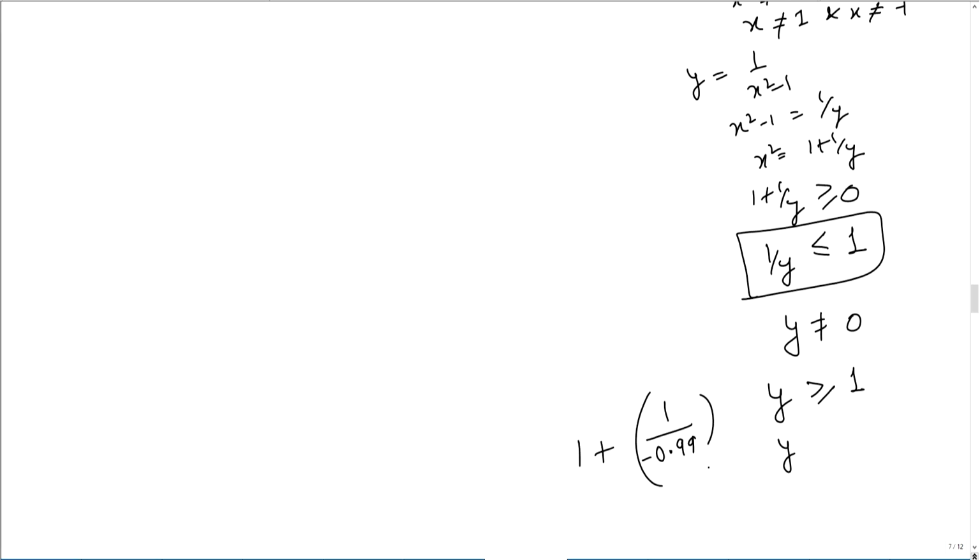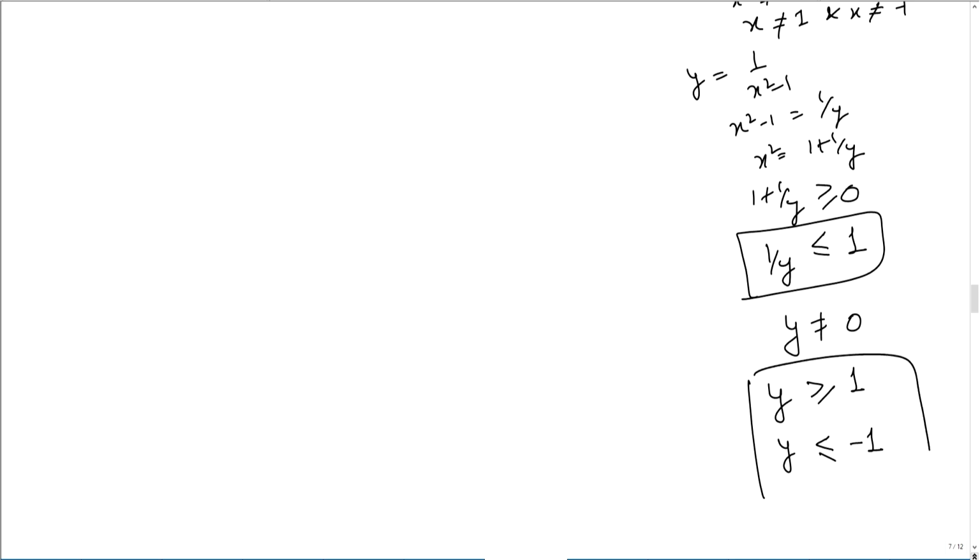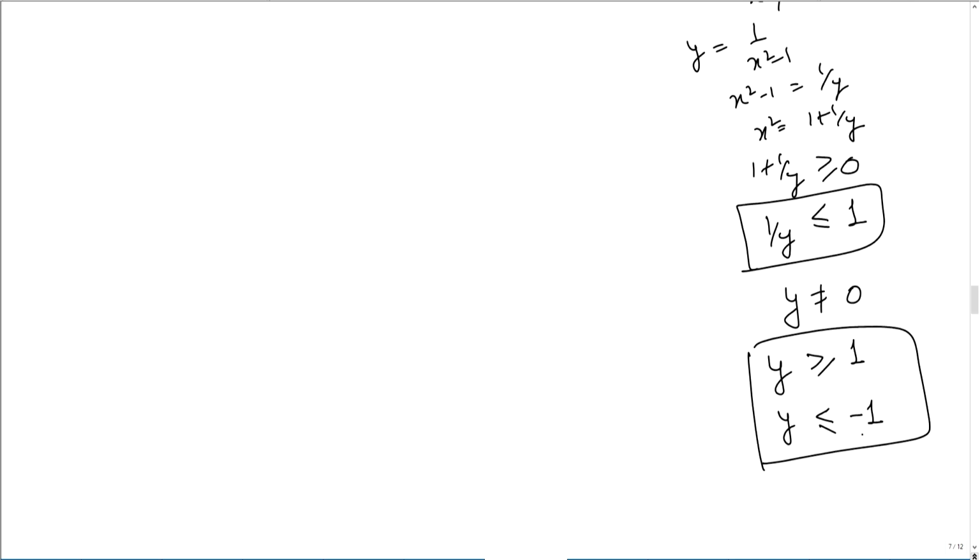Okay, so this is 100 by 99. Now this is negative, so this won't work. So y has to be less than or equal to minus 1. Okay, so these are the conditions for y.